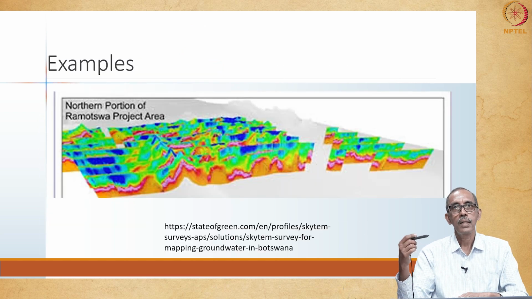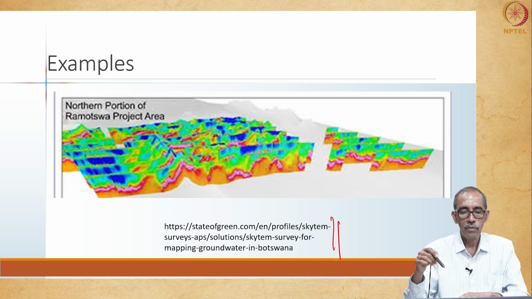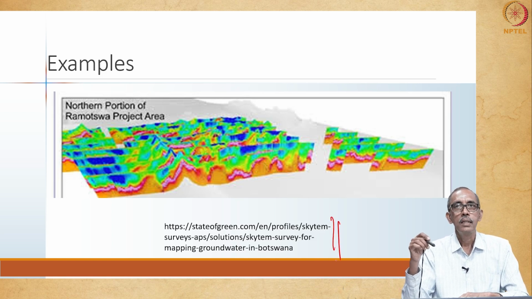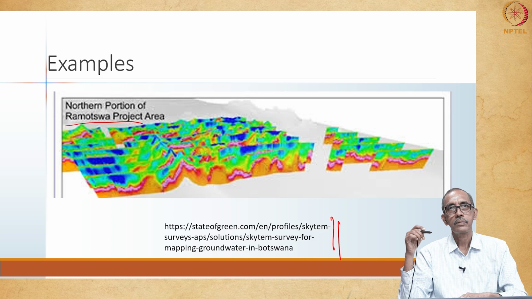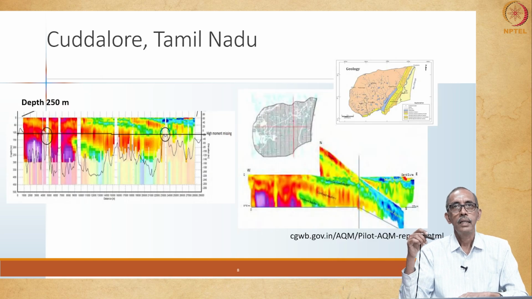Let us look into some results. So, here is the result which I could get from this website on the subsurface conditions below this region, right. And similarly, in India, the Central Groundwater Board, in association with the National Geophysical Research Institute, has carried out, under the National Aquifer Mapping Project, such an investigation in 5 different sites.